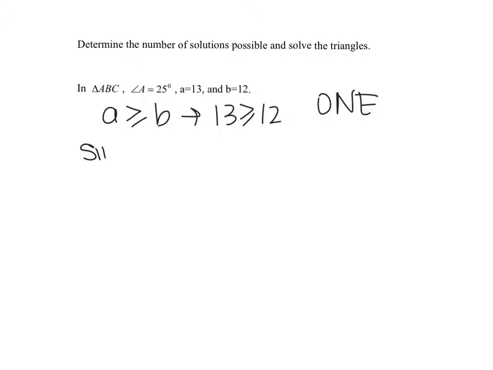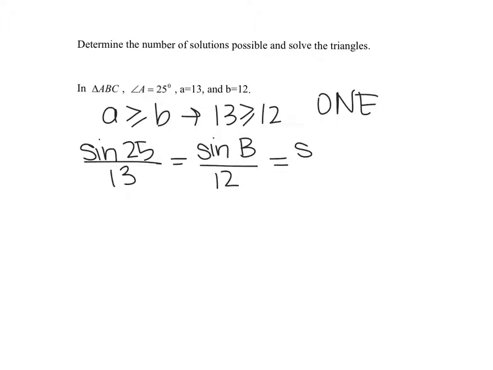So we know sine of 25 over 13 equals sine of B over 12, and then we have sine of C over c. The first thing we're going to do is use the law of sines to find our missing angle B. Because once we know our missing angle B, we can find C, which will then help us find that missing side length.